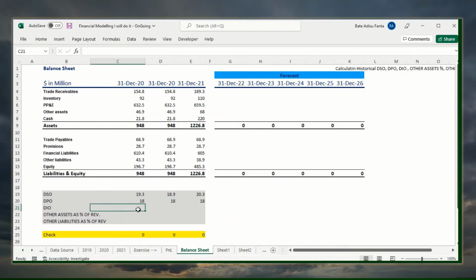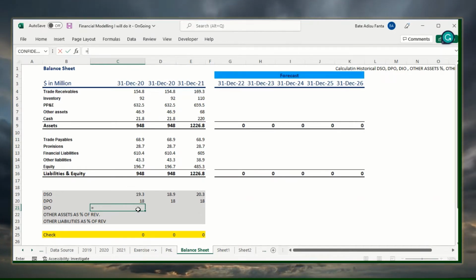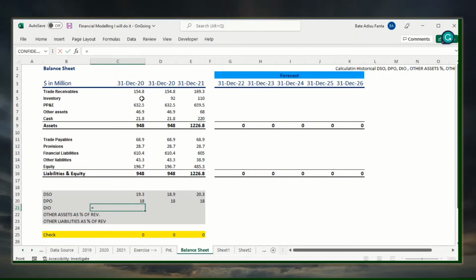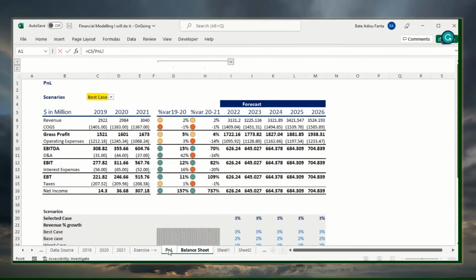That's it. So let's also calculate DIO, which is days inventory outstanding. For this, in the formula we have seen that we have inventory here, and we divide inventory by COGS, which is in the PnL statement.